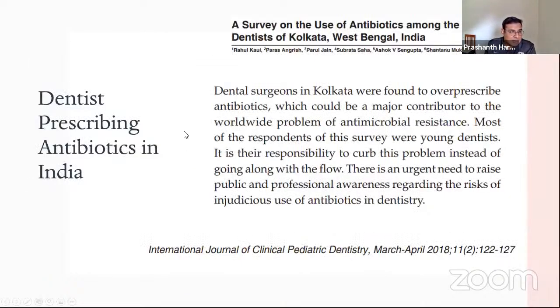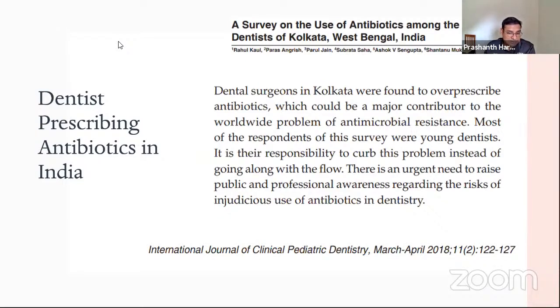So I was able to look into a study published by a group in India. I think this was done in a college in Calcutta. They did a survey-based study, a very interesting study, and they found that the younger generation of dentists did not really have the awareness to judiciously prescribe antibiotics.